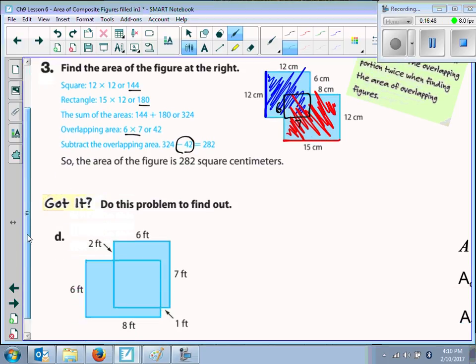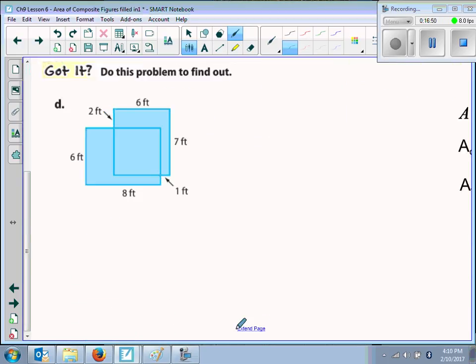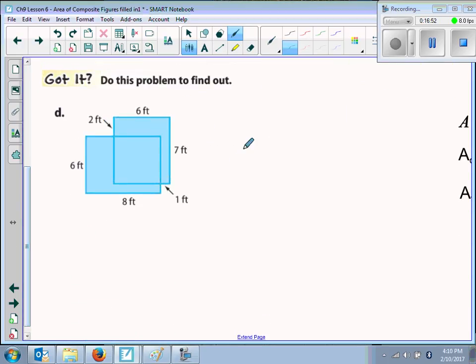Okay? So let's go ahead and try this one together. The first thing we're going to do is find the area of our rectangles. So let's call it area 1 and area 2 again. And we're going to multiply length times width.